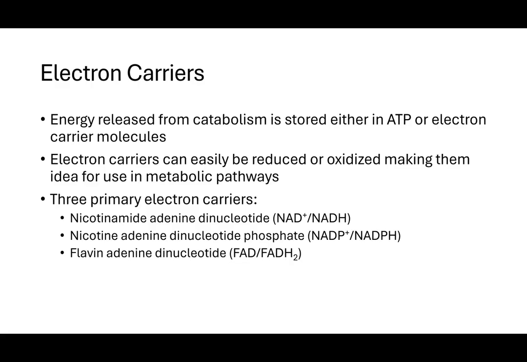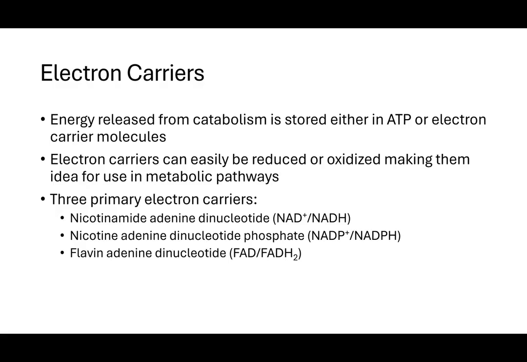Now, within living things, there is a group of molecules that are specially designed to transfer these electrons around. So from catabolism, energy gets stored in either ATP molecules, which I'll talk more about here in a little bit, or a group of molecules called electron carriers.